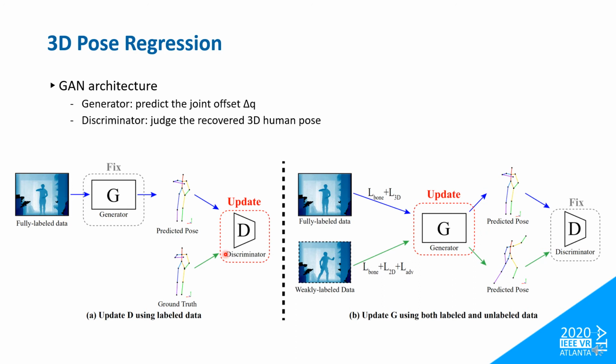During training, we alternately update between discriminator D and generator G while fixing the parameters of the other network. What should be noted is that during updating the generator, we use the simple yet effective indicator function to activate different loss functions based on whether the data is fully labeled or not.